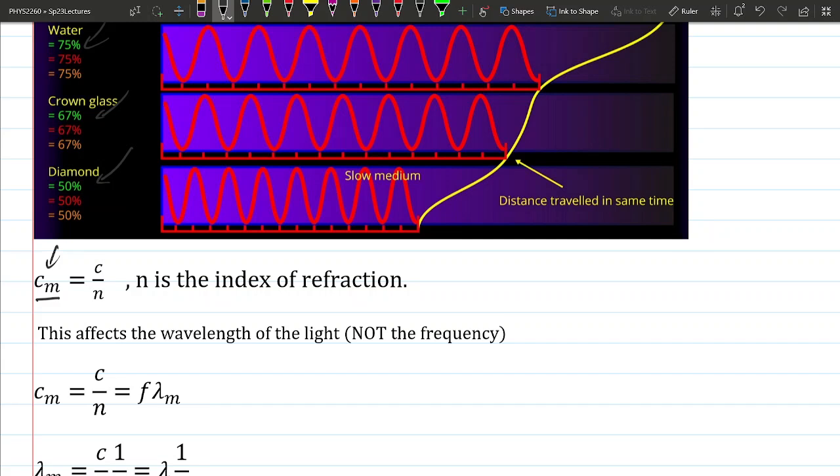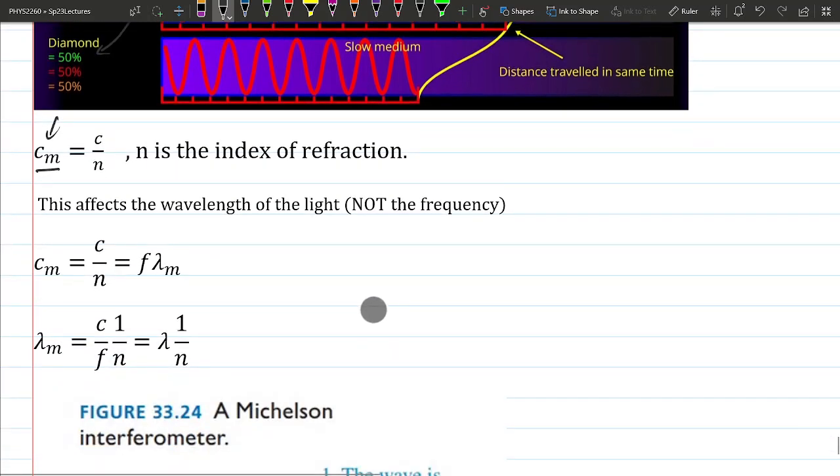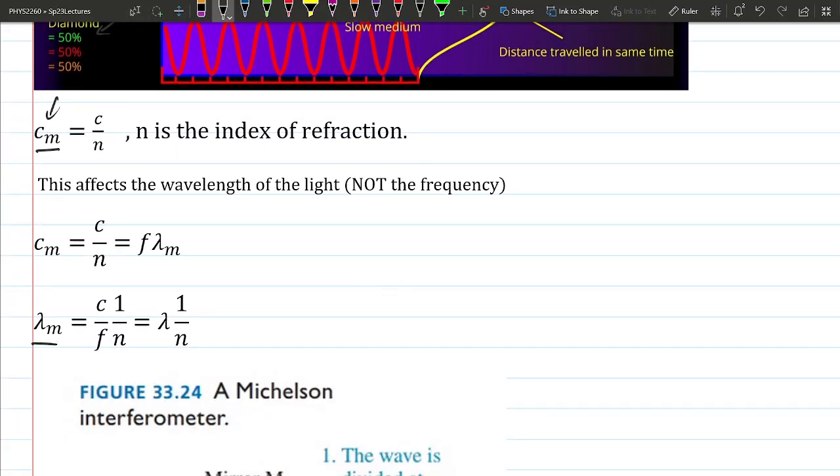I'm going to go through a couple of derivations here. If you want to convert that information into wavelength, the wavelength is also cut by whatever the refractive index is. So let's say in vacuum you have some light with a wavelength of 500 nanometers, but it enters diamond, which has an index of refraction of 2.